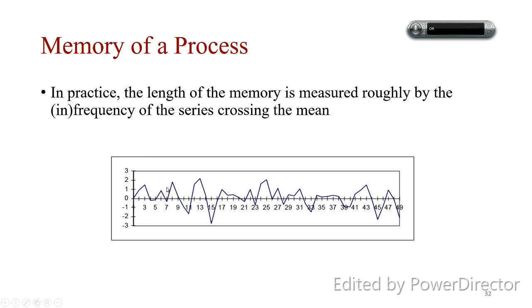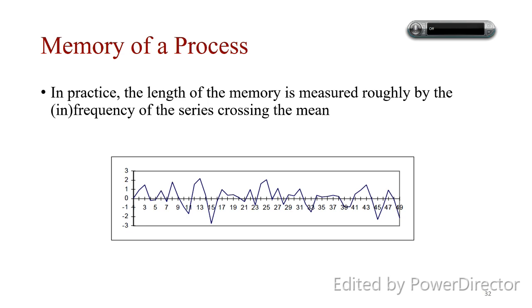We call this a mean reverting process, and this means that the memory is very low as compared to a memory that is very large, which means that there is some relationship. Here it is closer to being independent, as you can see. So the memory is very short, and maybe the memory is almost zero.